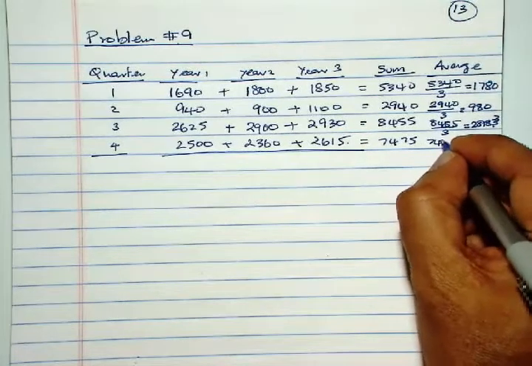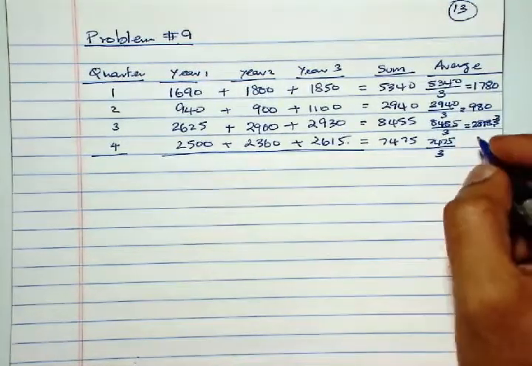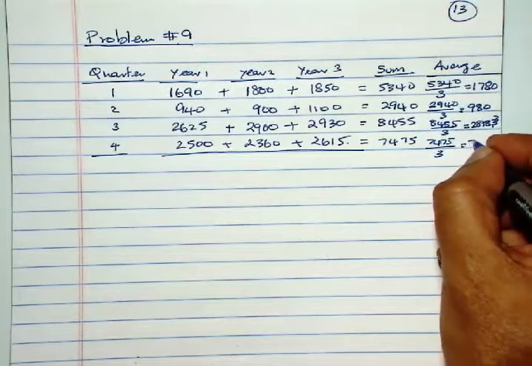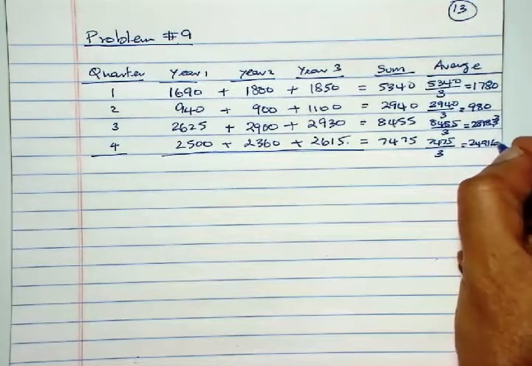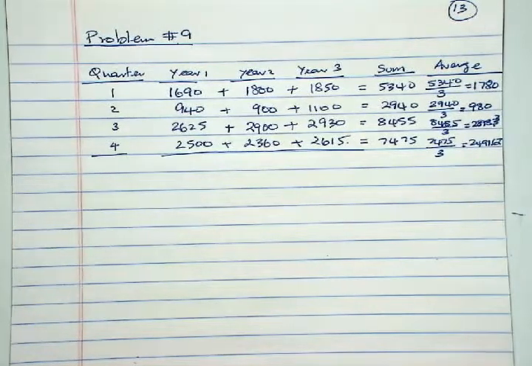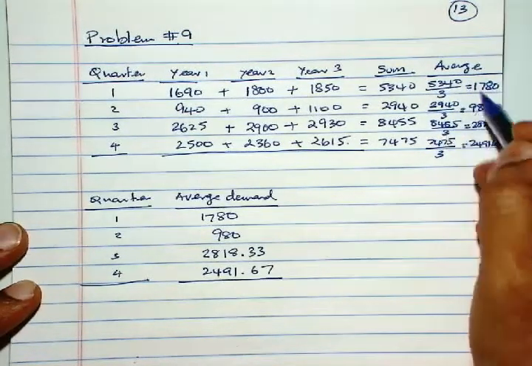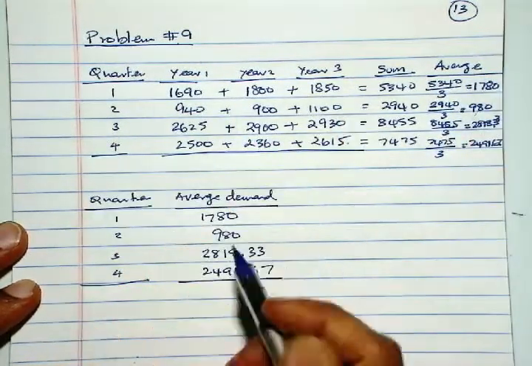Then we have 7475 over 3, that will give you 2491.67. Okay, now I have the quarterly averages written down here.